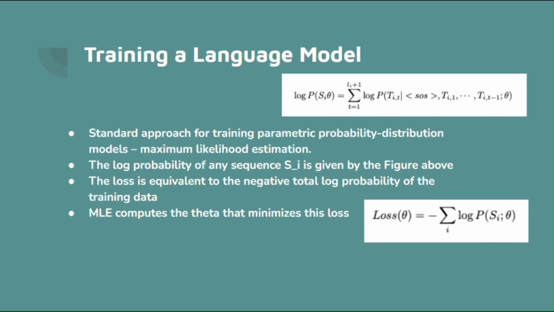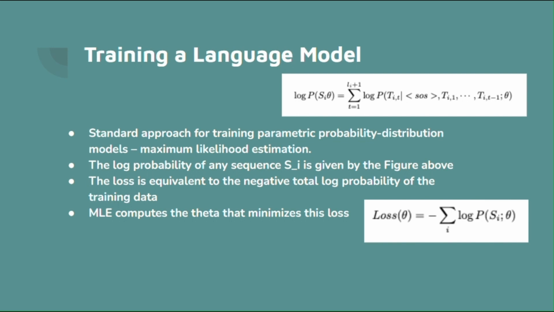Now we use this concept of the log probability of the sequence to also train a model. The idea is that you have a set of sequences in your training data, and you want to train a language model that will maximize the probability of this entire data set. It's called maximum likelihood estimation because we are training parameters such that they maximize the likelihood of the training data. So if your training data has n sequences, then you want to maximize the sum of the log probabilities of the sequences.